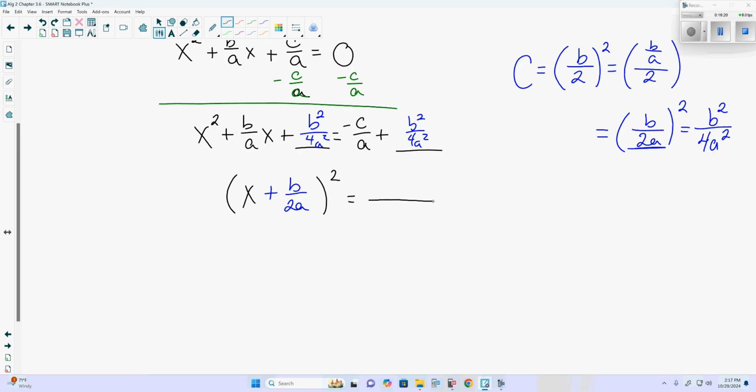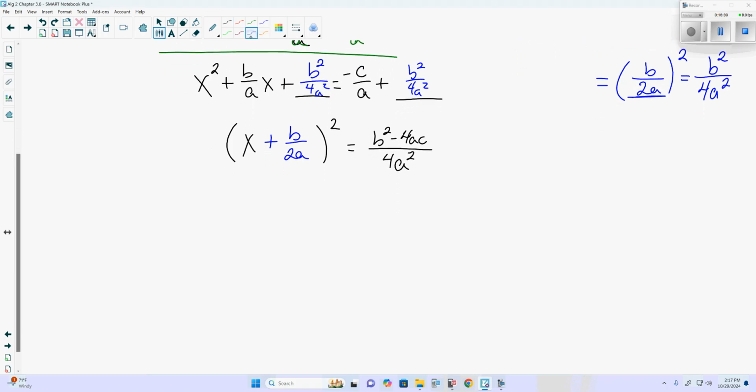Now we do need to add these two here, and it's probably been a while since y'all have had to add fractions, let alone expressions like this here. But we would have to get the denominators to be the same, which is our 4a squared. Now to do that, I'll go on and write this out, because we did negative c over a plus b squared over 4a squared. The negative c over a does have an a, but the denominators have to be the same.